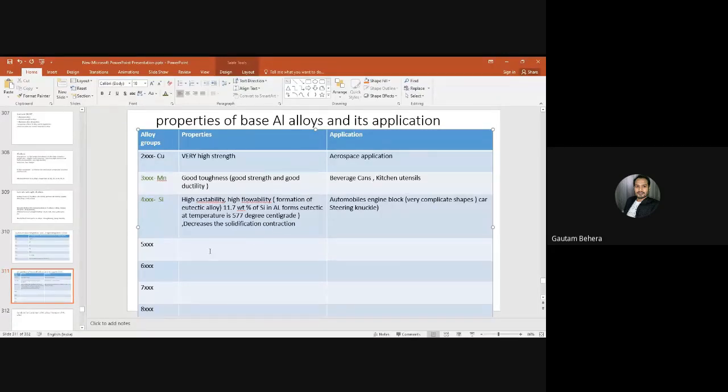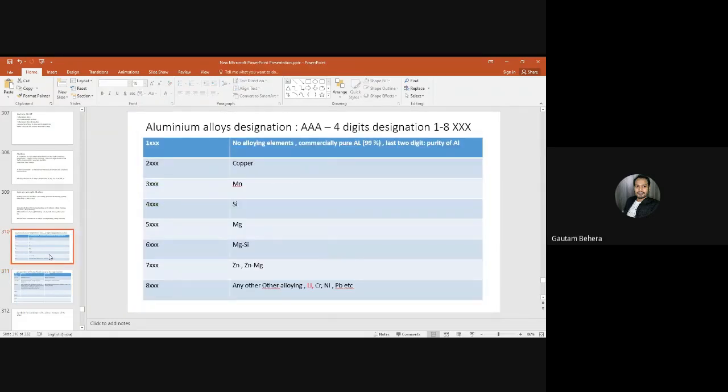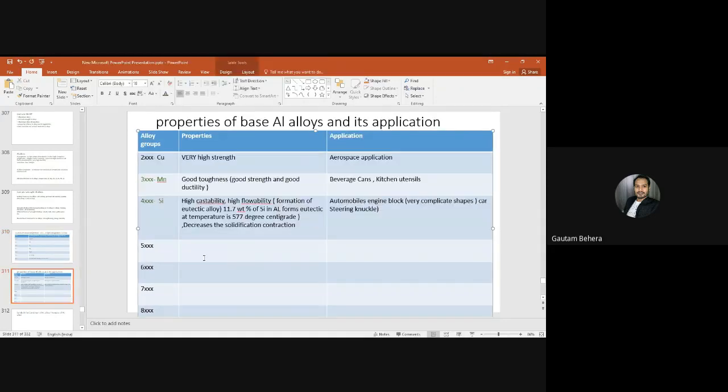Now for the 5000 series, as I told, it is magnesium and silicon both. Sorry, basically the 5000 series is magnesium only. I'm writing here magnesium, and aluminium magnesium when combined provides very high corrosion resistance. Good strength.